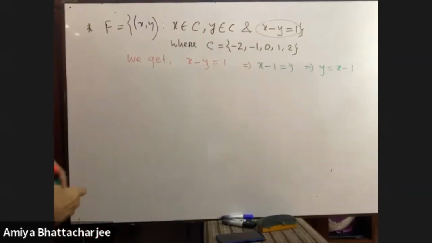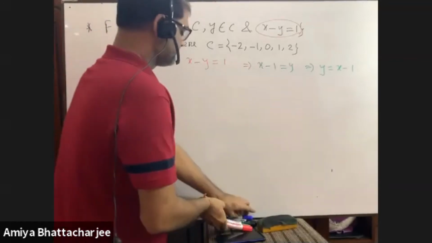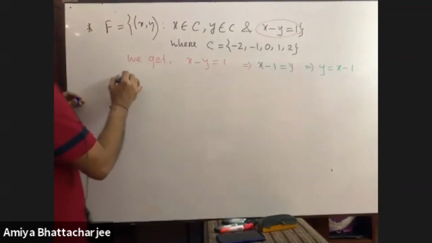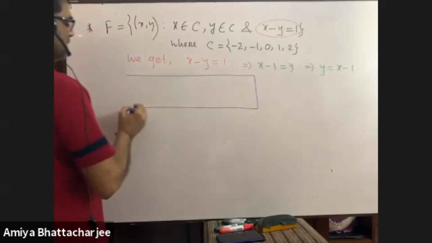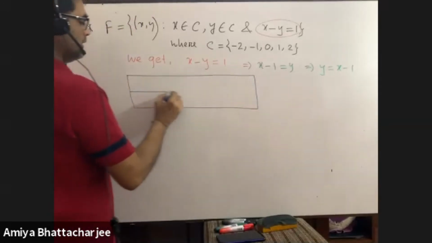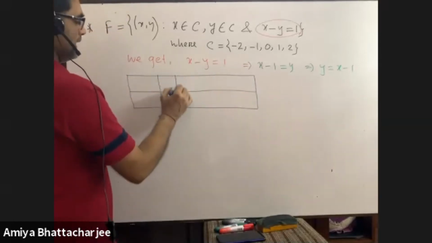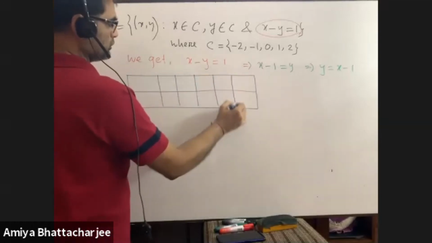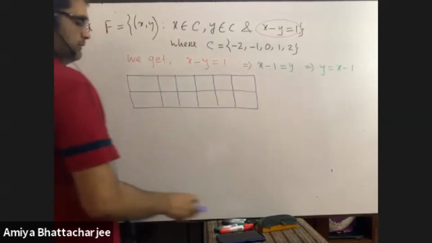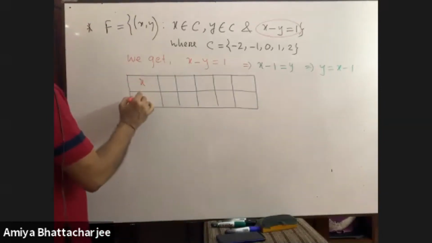Okay. Now we can draw the table, like the previous one, by the roster method. This is -2, -1, 0, 1, 2. This is x and this is y.